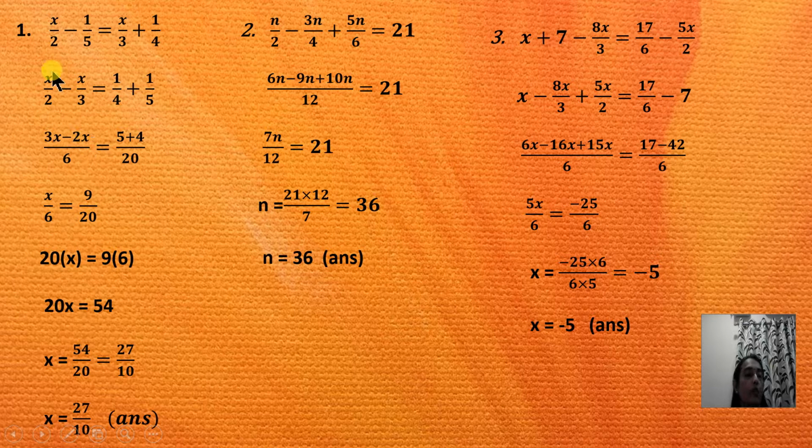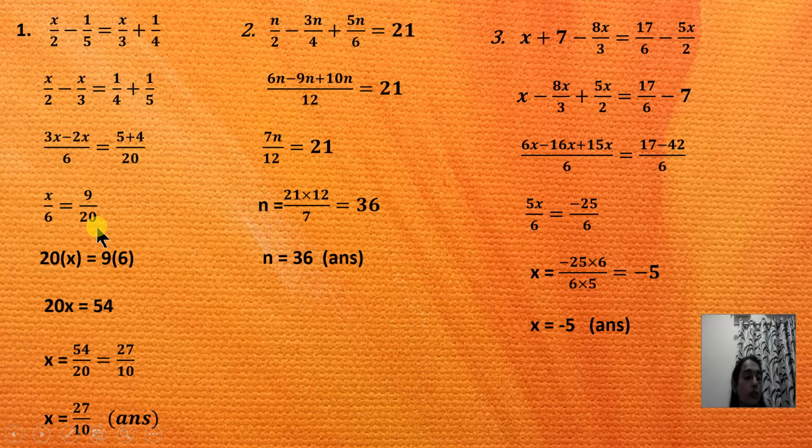You can cross multiply also if you can't understand. So LCM is 6. So 3x minus 2x, which is equal to, here also the LCM of 4 and 5 is 20. 5 ones are 5 and 4 ones are 4. So 5 plus 4. So 3x minus 2x is x upon 6, which is equal to 9 upon 20.